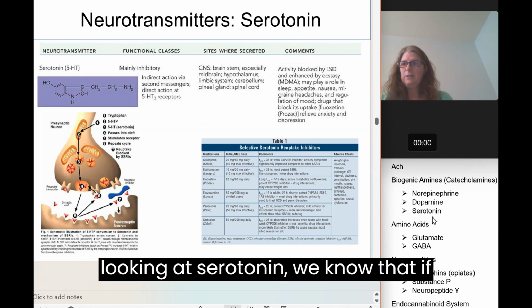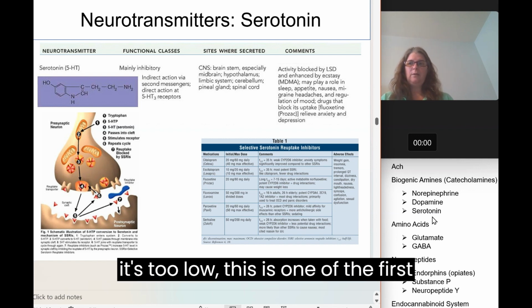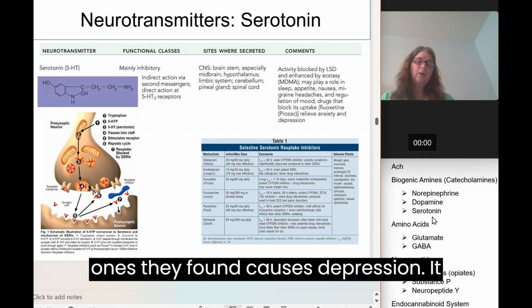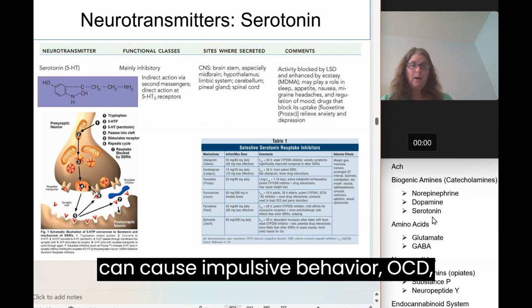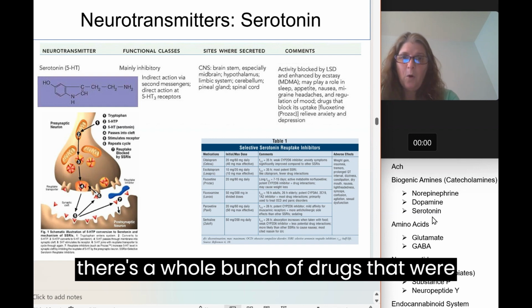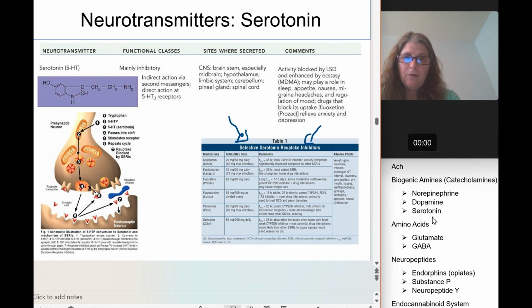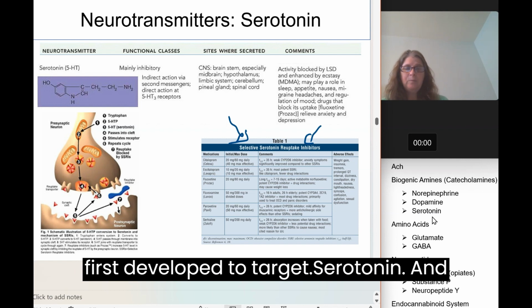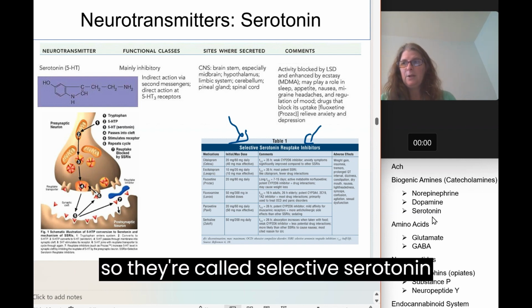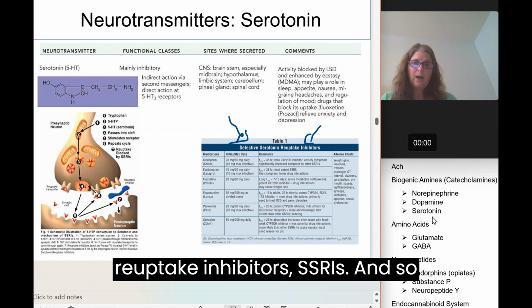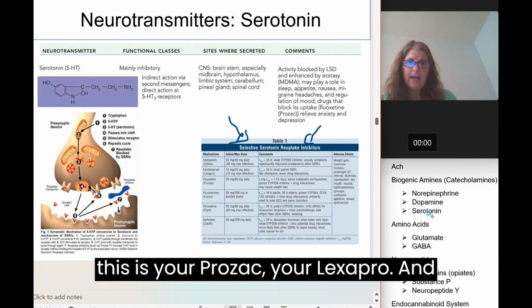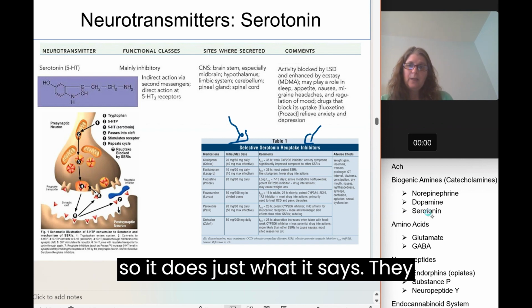Now, when we're looking at serotonin, we know that if it's too low, this is one of the first ones they found, it causes depression. It can cause impulsive behavior, OCD. It can even cause aggressiveness. So there's a whole bunch of drugs that were first developed to target serotonin. They're called selective serotonin reuptake inhibitors, SSRIs. So this is your Prozac, your Lexapro. And so it does just what it says.